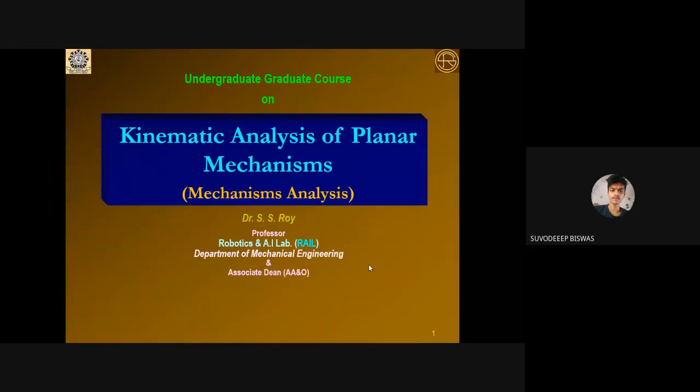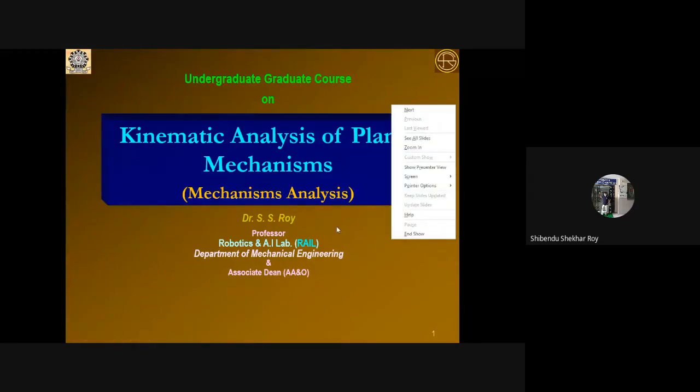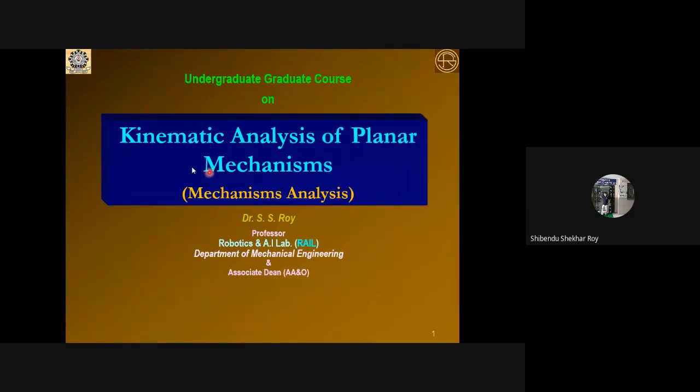Now, first thing I would like to mention here is that the chapter name is kinematic analysis of planar mechanism. Important here is kinematic analysis, which you already know. What do you mean by kinematic analysis? Another important keyword is planar mechanism.